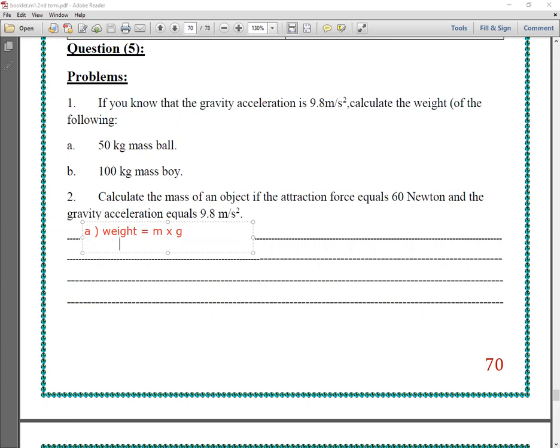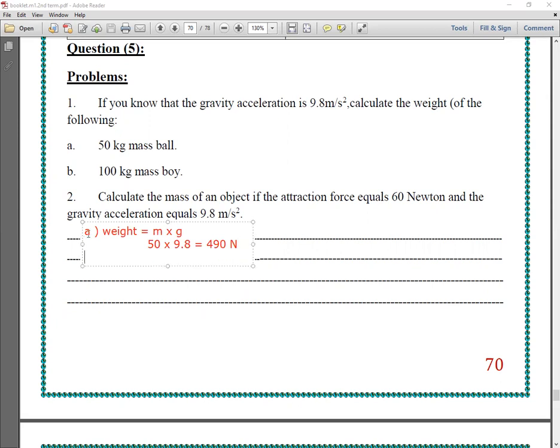So equals mass 50 times gravity 9.8, equals 490. And the weight is measured by Newton.